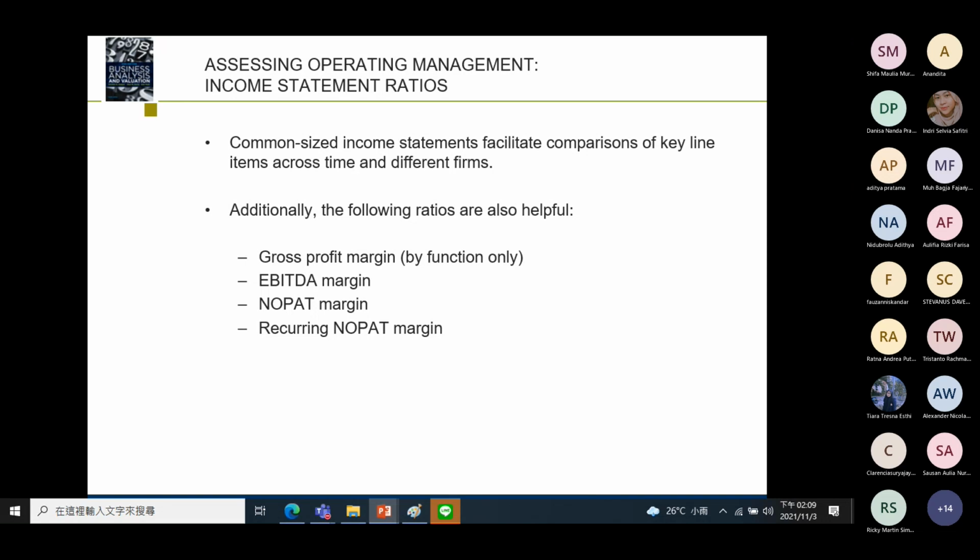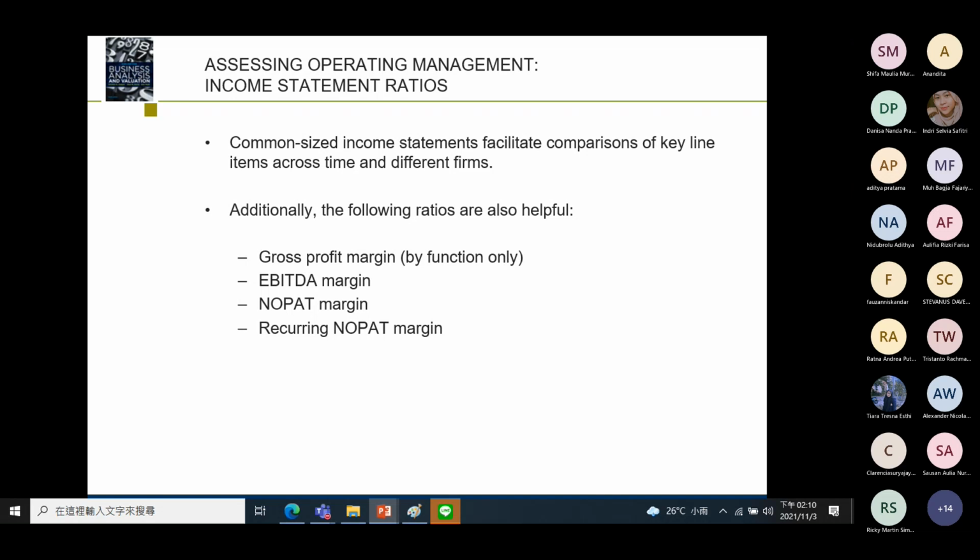Assessing operating management. A firm's net profit margin or return on sales shows the profitability of companies' operating activities. Further decomposition of firms' ROS, the return on sales, allows an analyst to assess the efficiency of firms' operating management.